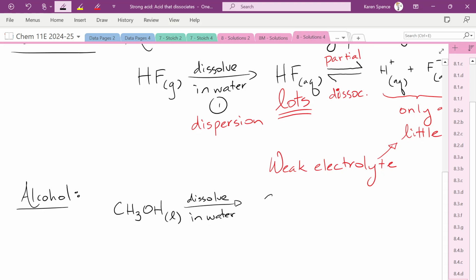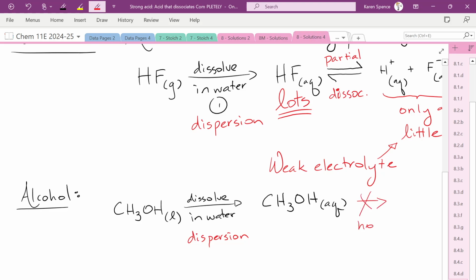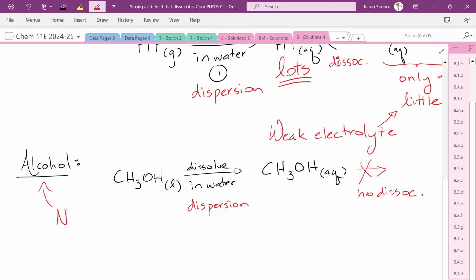No. So it just stays as CH3OH. Is that good? Okay. And this one, we just have the dispersion and there's no dissociation. And so what type of electrolyte is an alcohol? It's a non-electrolyte. Excellent. Okay.